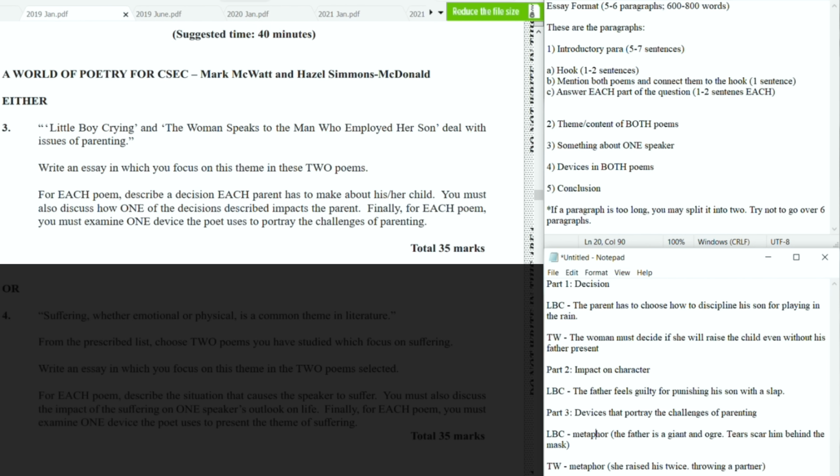And if neither question seems possible, well, get a time machine and do some studying, do some practicing before taking the exam. Alright, so we have our format, we have our plan, we have our question. All we need to do now is to actually write that essay. So let's do that now.